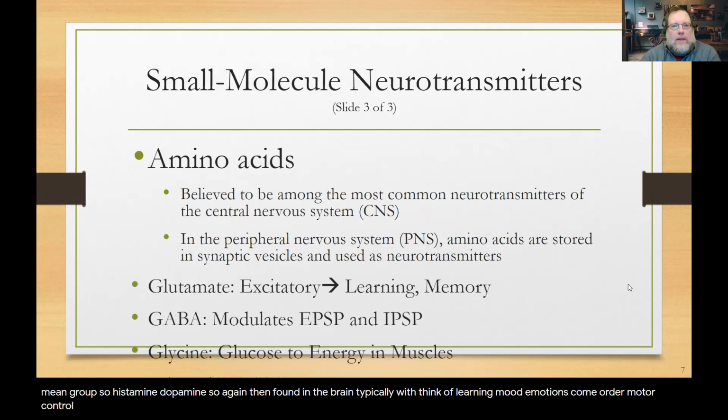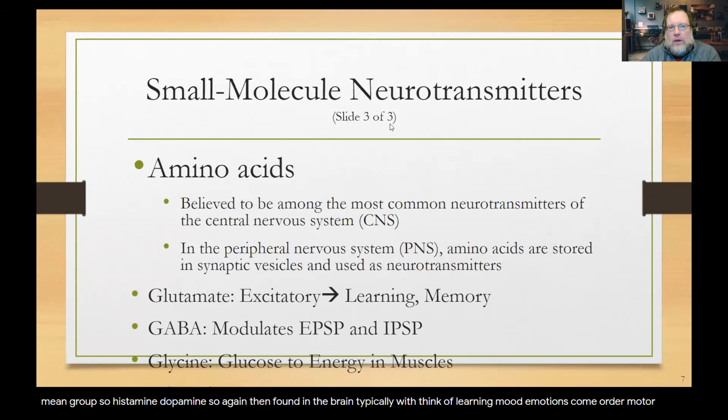And then the third neurotransmitter in the small molecule group are the amino acids. These are probably the most common types of neurotransmitters within the central nervous system, and we also see them within the peripheral nervous system. Amino acids are often stored in those axon terminals, in what we call the synaptic vesicles.